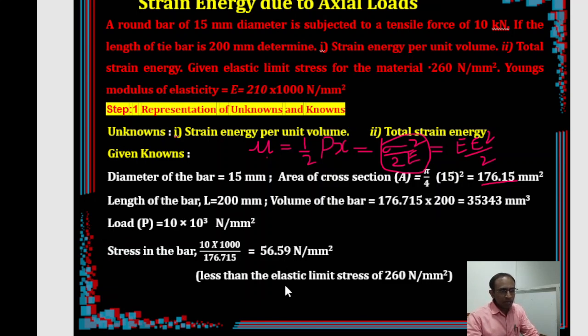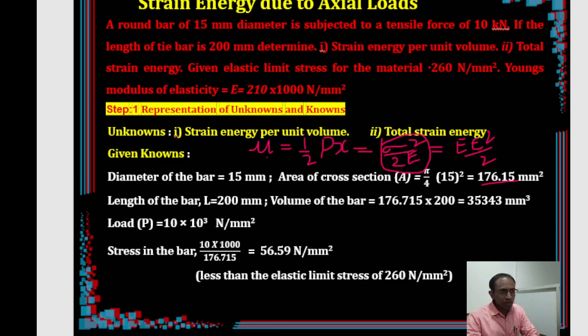Here we can check whether it is exceeding the elastic limit or not. If it is exceeding the elastic limit, that comes under the plastic region. Our strain energy will be calculated only in the elastic region. It is less than the elastic limit, so we are on the right track. Now we can use that particular value to get the strain energy per unit volume.